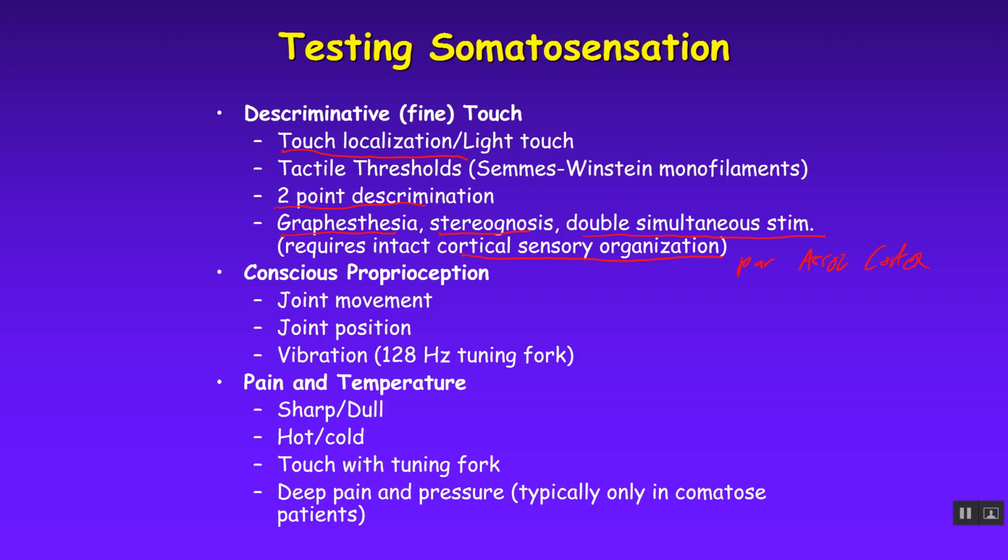For the case I was talking about, it would be a right stroke or brain tumor or whatever in the parietal association cortices on the right, and the deficit would be on the left. So when I touch both hands at the same time, they would only feel the right side because the left side is okay. They would not feel the left side if I touched them both at the same time.